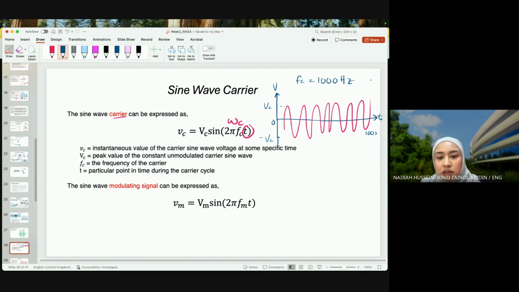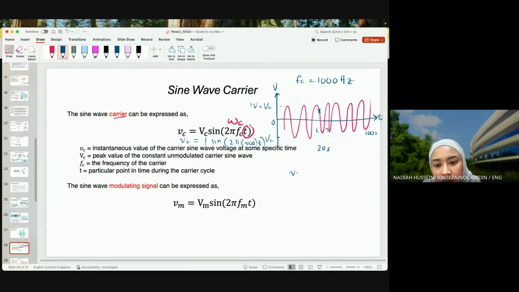Assuming these values, V_c is 1 volt, so 1 sin(2 pi 1000 t). If I want to know the value at a particular point, I need to find out what t is. Let's say t is 20 seconds.